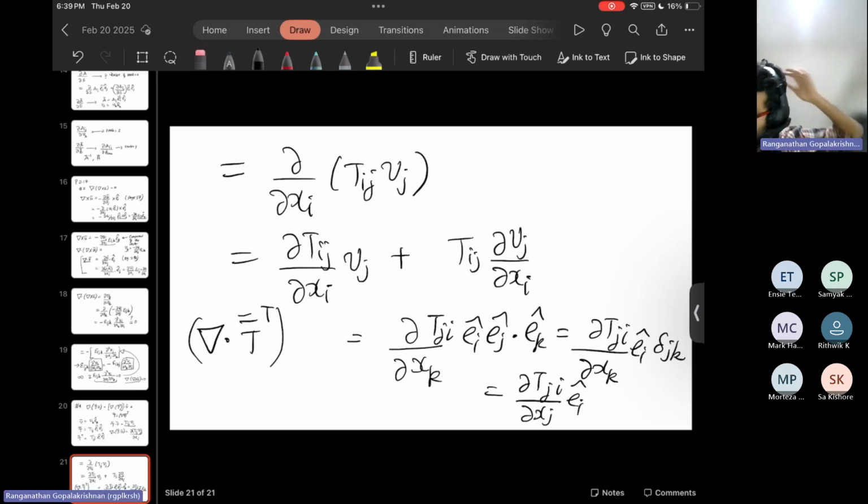I did that pretty quickly, but does that make sense to you? The divergence of T transpose is given as the partial derivative of T_ji with respect to x_j. Are you okay with this?